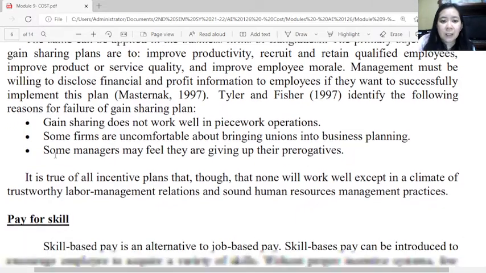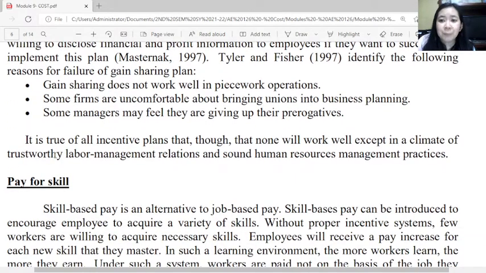In the study of Tyler and Fisher, they identified the following reasons for the failure of this type of wage plan. First, gain sharing does not work well in piecework operations, because the salaries and wages there are based on the number of outputs, so the distribution of the profit sharing is not even.